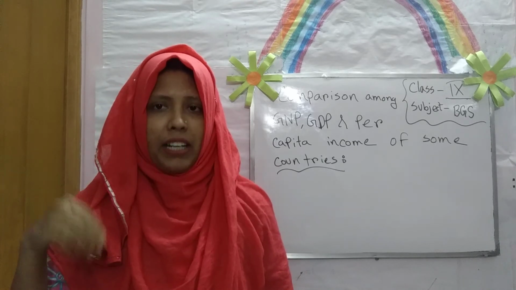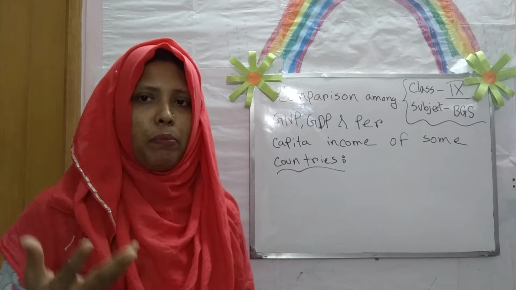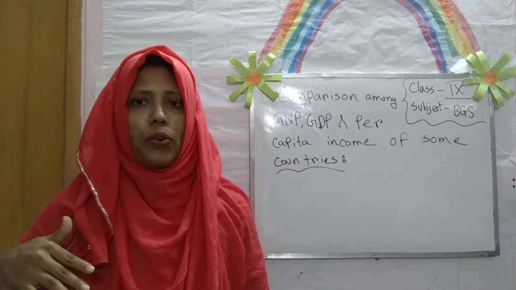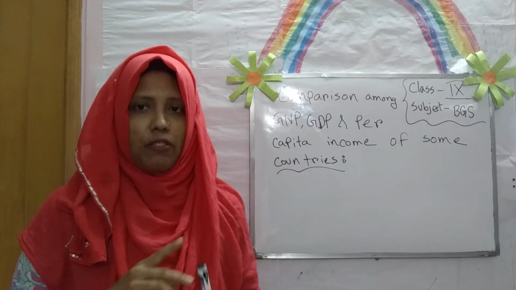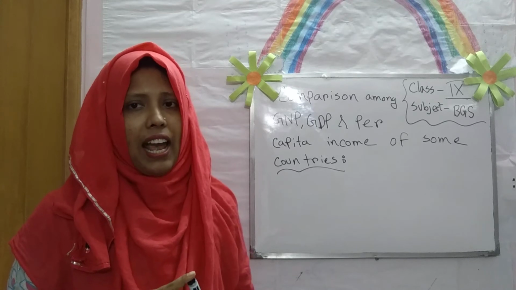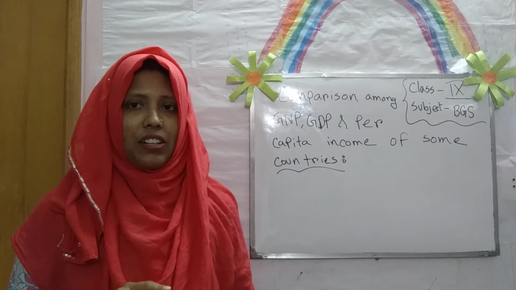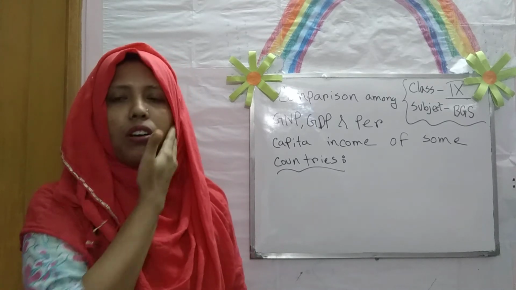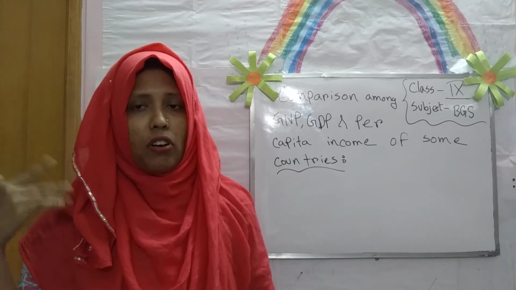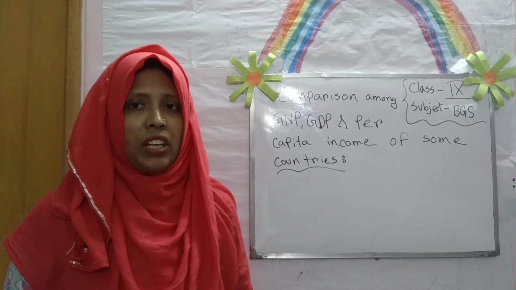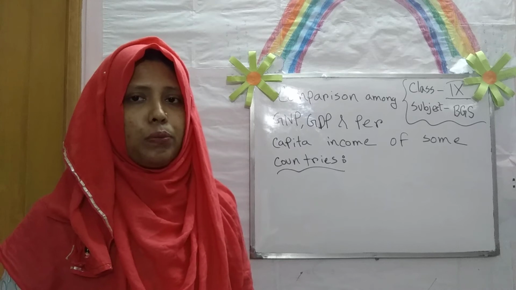Depending on the per capita income, the World Bank decided three categories of countries: developed country, underdeveloped country, and developing country. And for that ratio, Bangladesh is a developing country now.